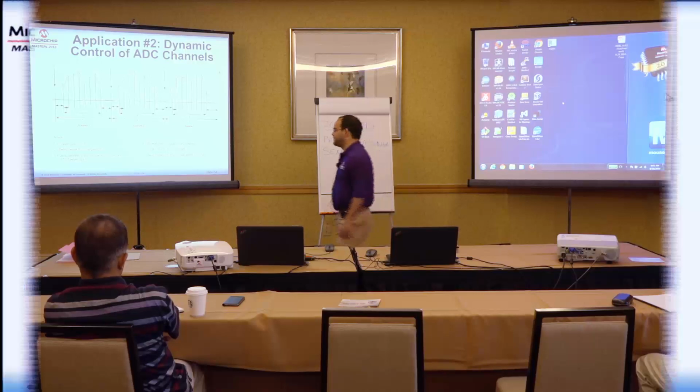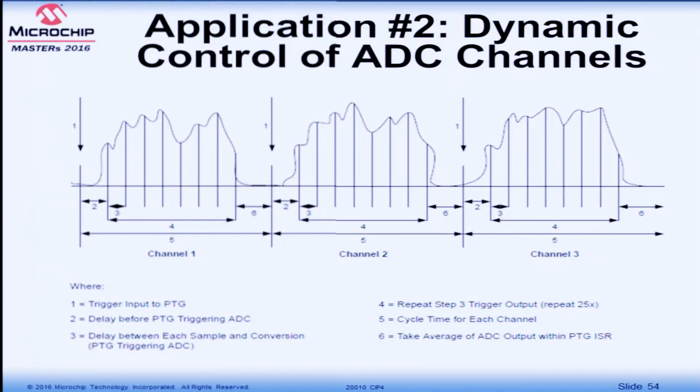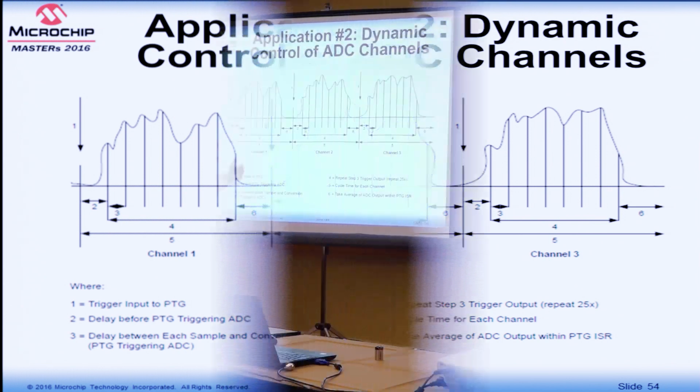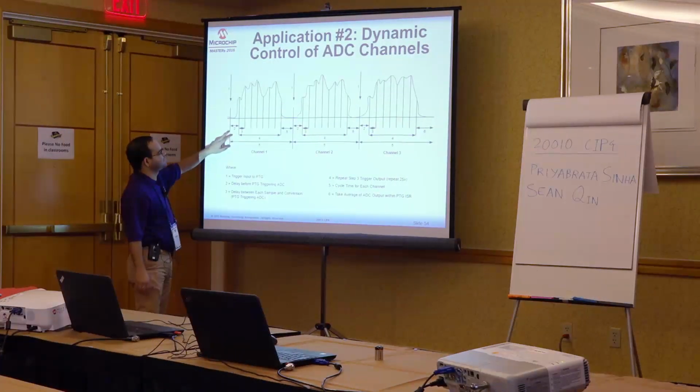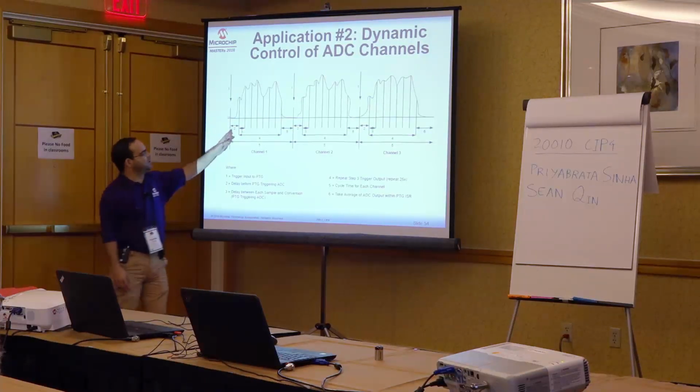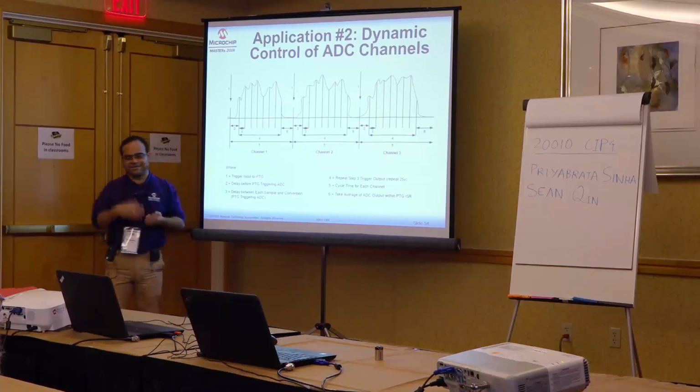And here is a real scenario where, let's say, there is a waveform and there are multiple cycles of this waveform, and you might need to sample different signals in each cycle. But within each cycle itself you should only start sampling after the signal has reached a certain value or after a certain delay, let's say. So in this case let that delay be denoted as 2, and then what it is doing is, for greater accuracy, it is taking multiple samples.